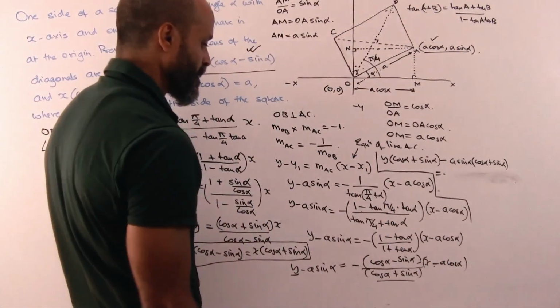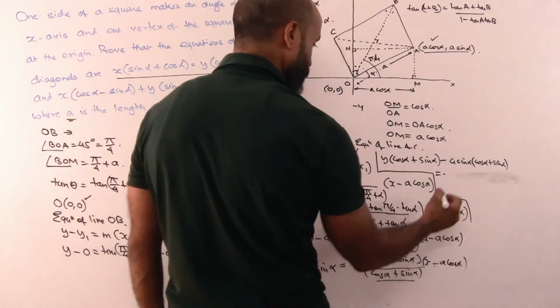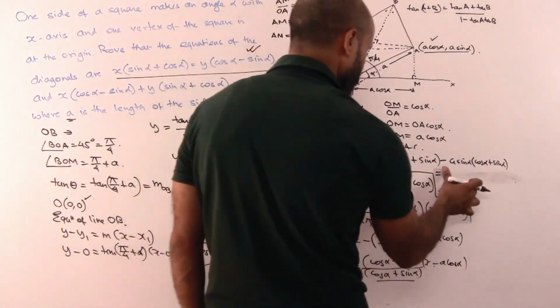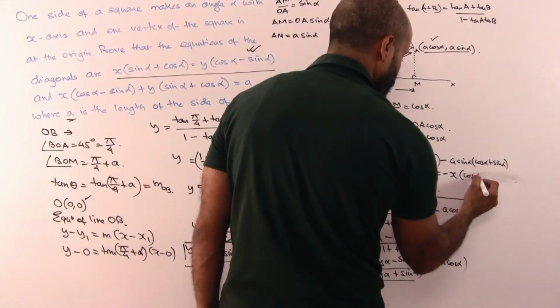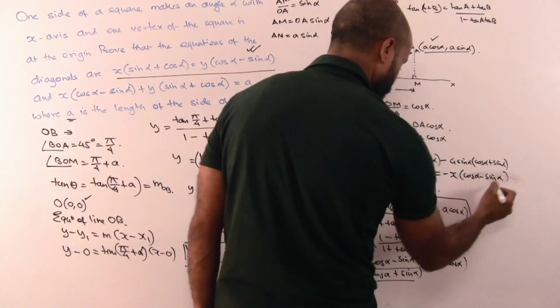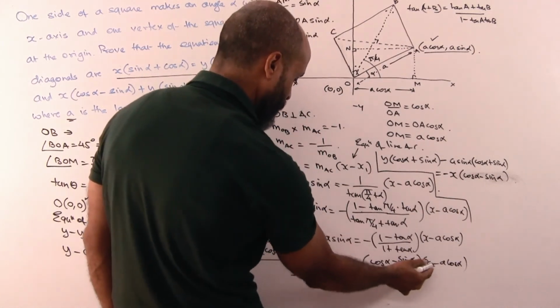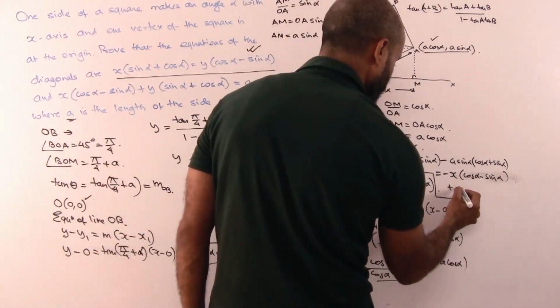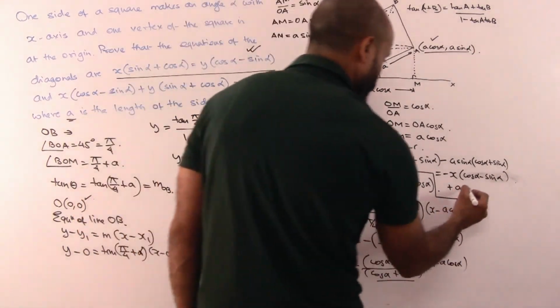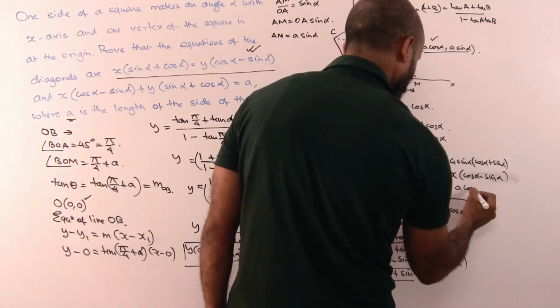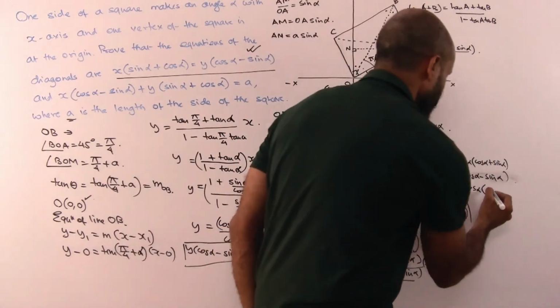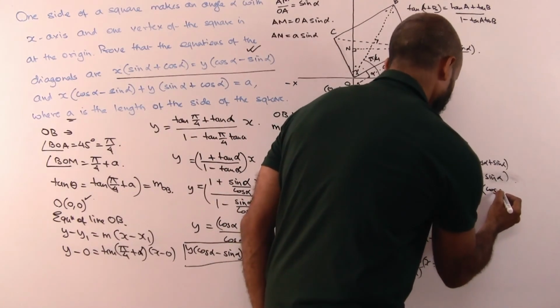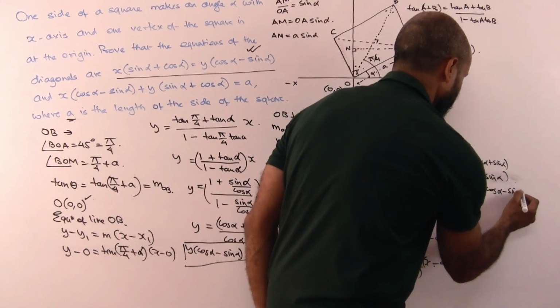So this will be minus x into cos alpha minus sin alpha, and this minus minus will turn out to be plus a cos alpha into cos alpha minus sin alpha.